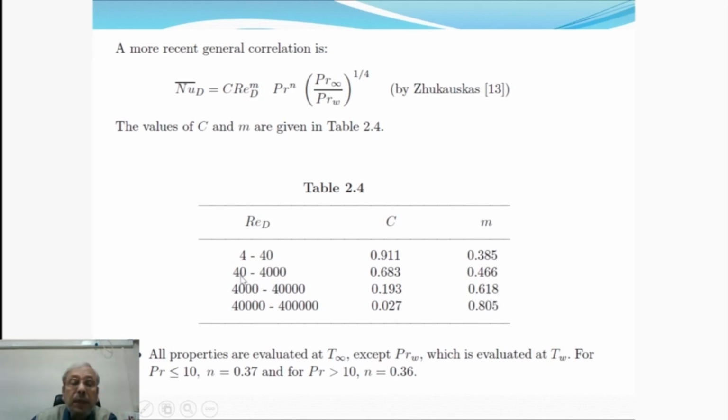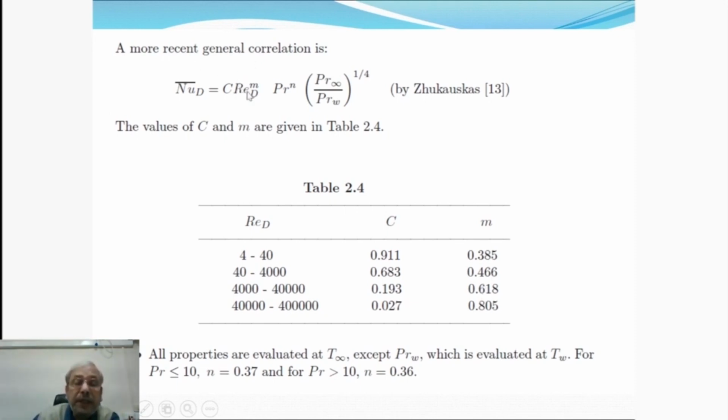For Reynolds number between 40 and 4,000, C is 0.683 and m is 0.466. So C and m are functions of Reynolds number, and in tabular form the values of C and m have been given over the range of Reynolds number.